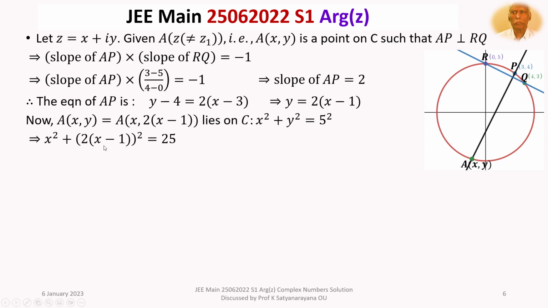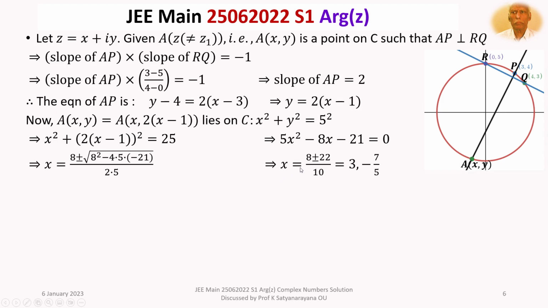Simplifying, we'll get 5x square minus 8x minus 21 is equal to 0. So solve for x. X is equal to minus b plus or minus under the square root of b square minus 4ac by 2a. Simplify, you'll get x is equal to 8 plus or minus 22 by 10. That is x is equal to 3 or minus 7 by 5.